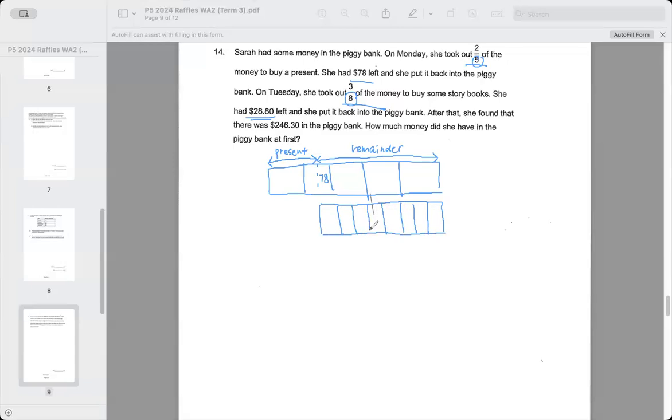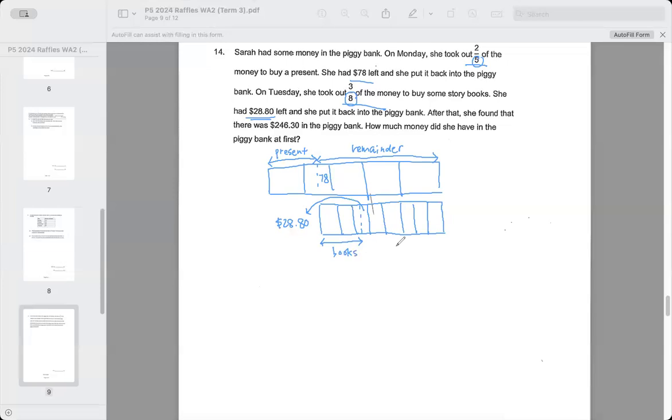Okay, total is 8 units, but it's $28.80 less than 3 units. No space, I'll just write it outside. This part here is $28.80. So this part until the dotted line is the money that she spent on the books.